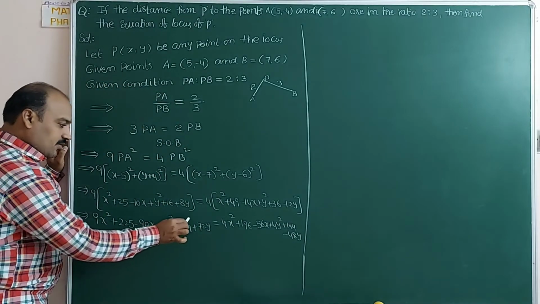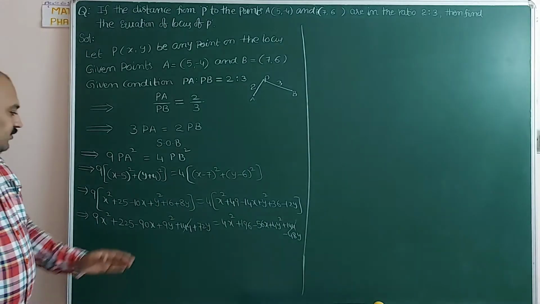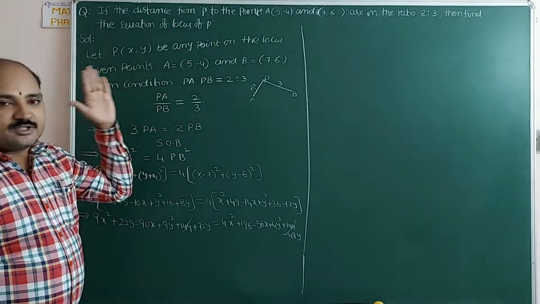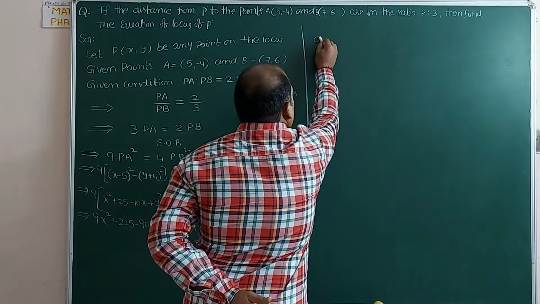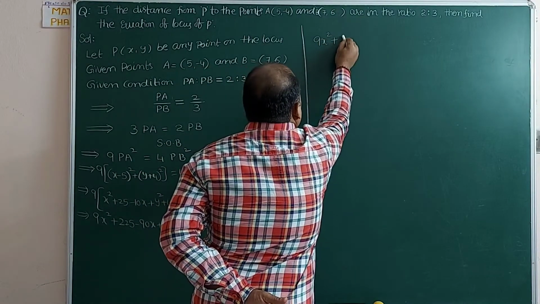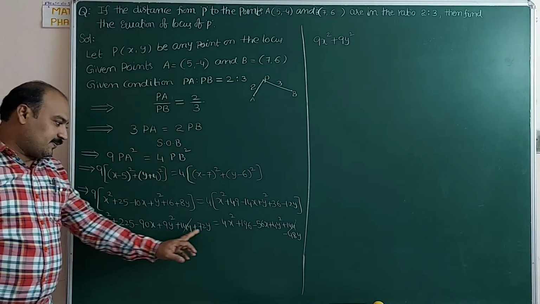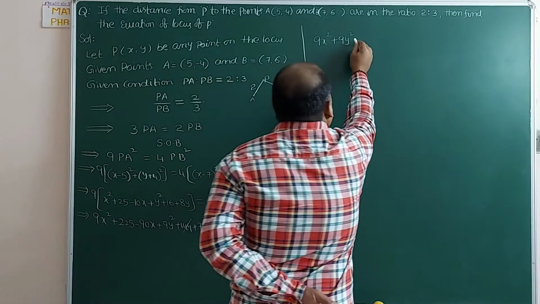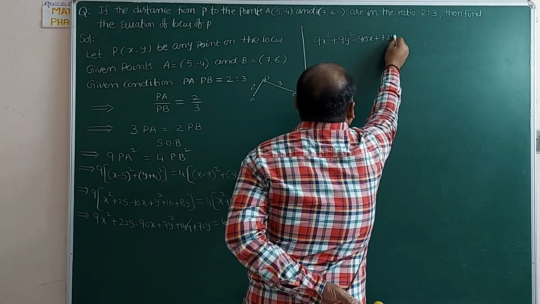Both sides 144 we need to cancel. After that, first this side x², y², x and y terms. So first 9x² plus 9y². Next x term −90x plus 72y.